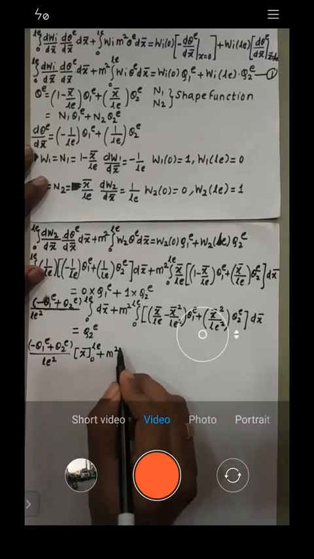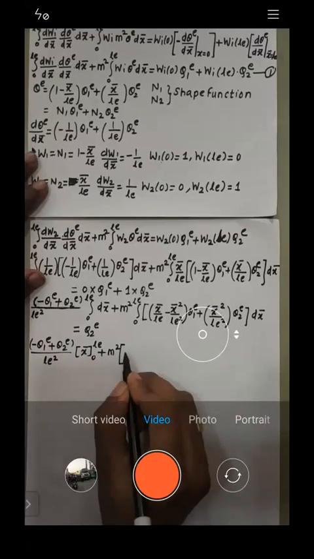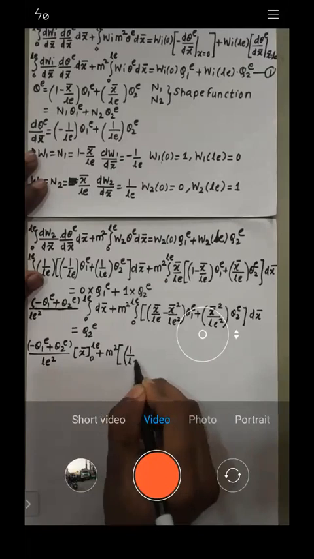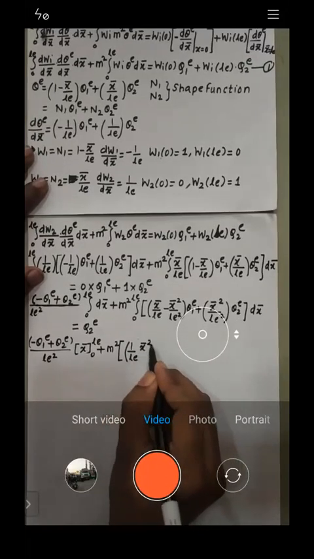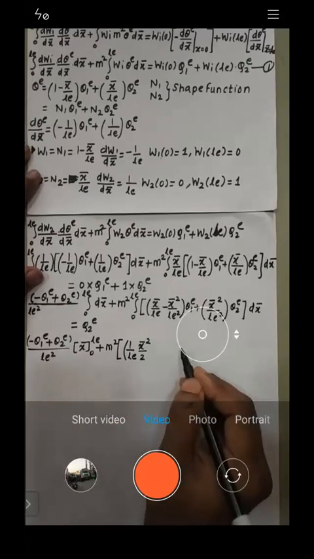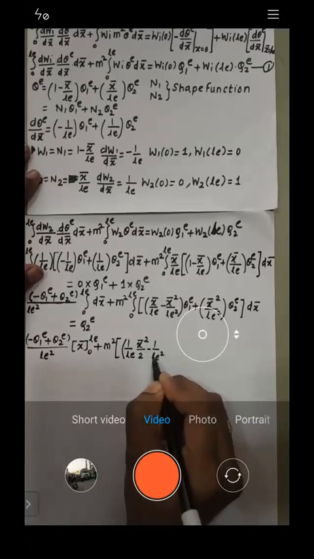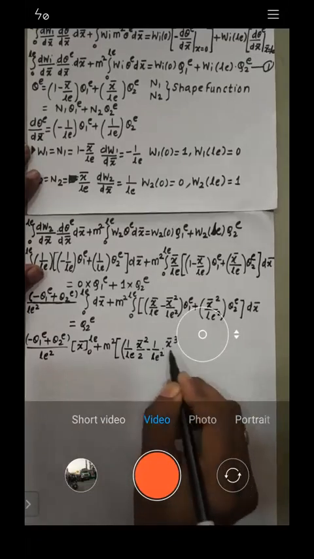We are supposed to integrate it. So tell me, what is the integration of this value? 1 by LE as it is. Integration of x bar, it's x bar square by 2, right? Minus 1 by LE square as it is. Integration of x bar square, it is x cube by 3.